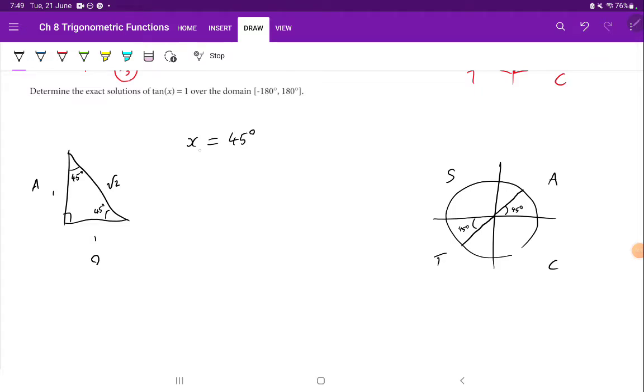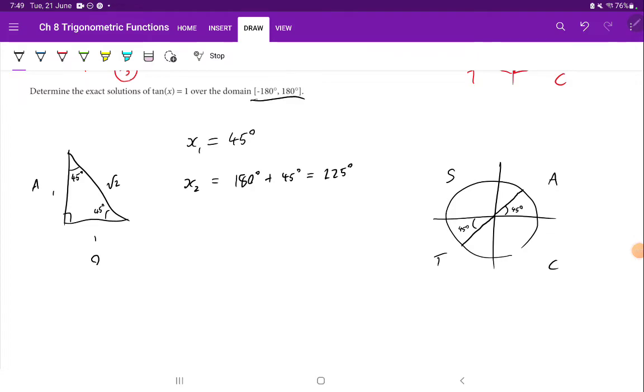So the first one's actually really easy. x1 is just 45 degrees. And then x2, a second basic solution, well, that's 180 degrees plus 45 degrees. That's 225 degrees. Okay? So those are our two basic solutions, except you'll notice that one of those solutions does not fit in the domain we've been given.